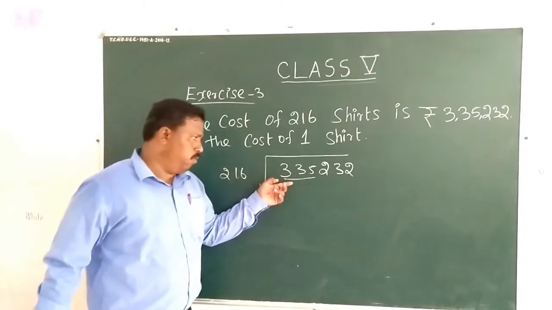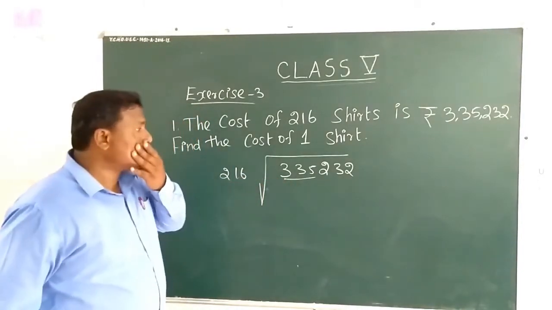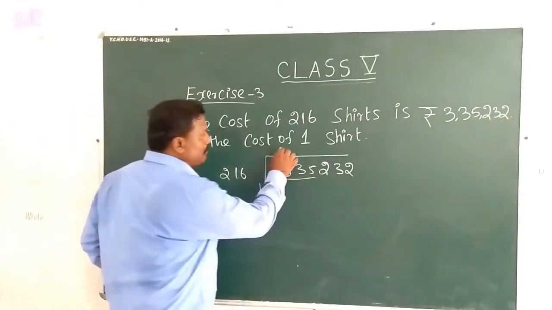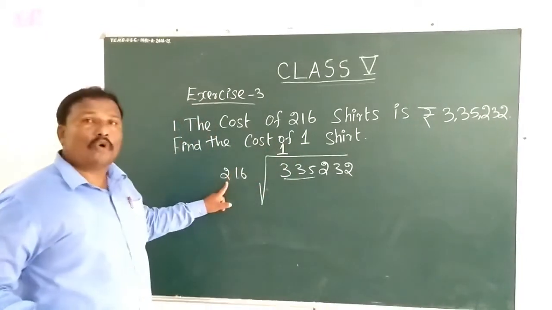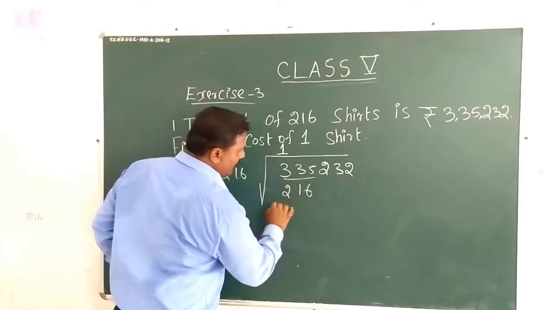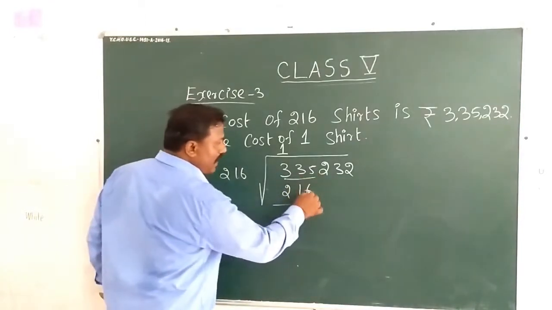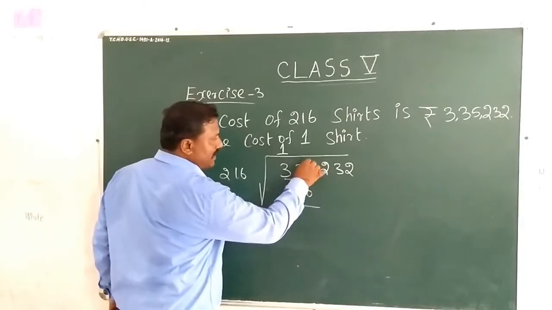But it is not divisible, because here it is 335. So I will take one time: 1 into 216, same, 216 only. If you subtract, 5 minus 6 we can't subtract, so I will borrow from the nearby number.